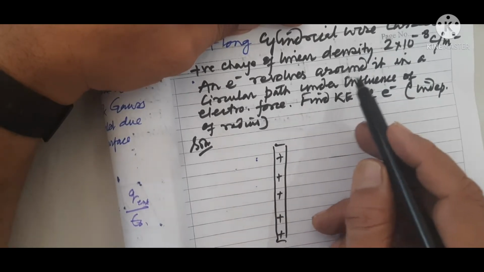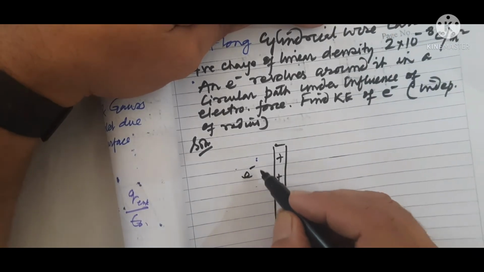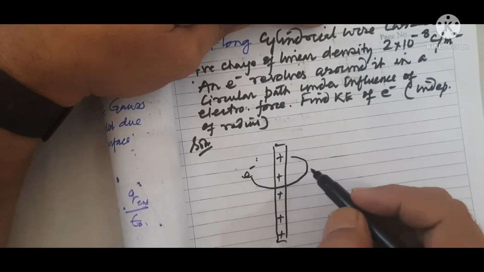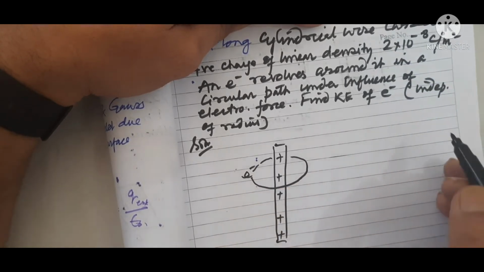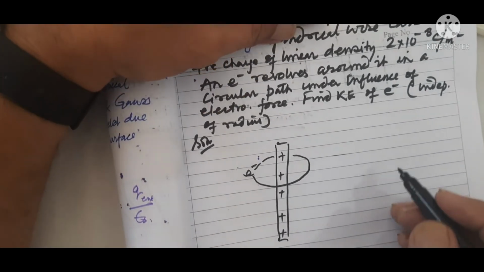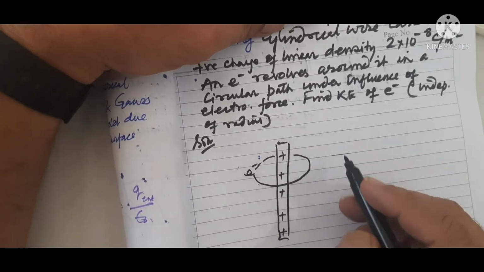An electron revolves around it in a circular path, one electron revolves around it. So our purpose is to find the kinetic energy of that electron.